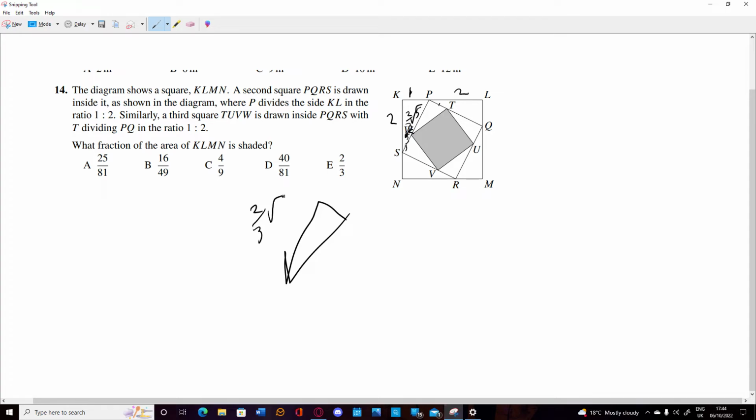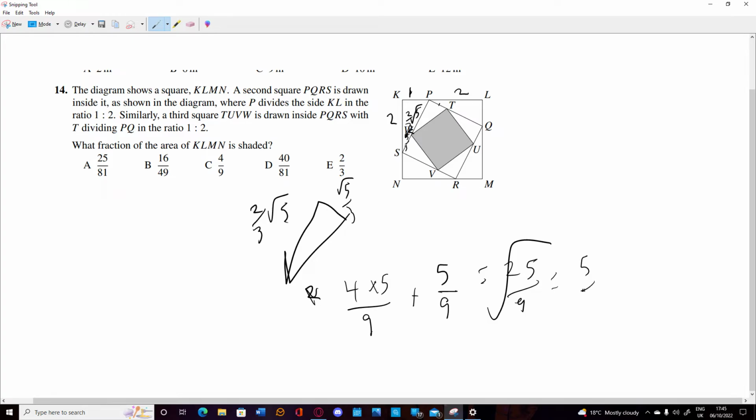It's root 5 over 3, just be 2 over 3 root 5 squared, which is 4 times 5 over 9, that's 5 over 9. Using Pythagoras, which is 25 over 9, the root of all that, because Pythagoras, is equal to 5 over 3.